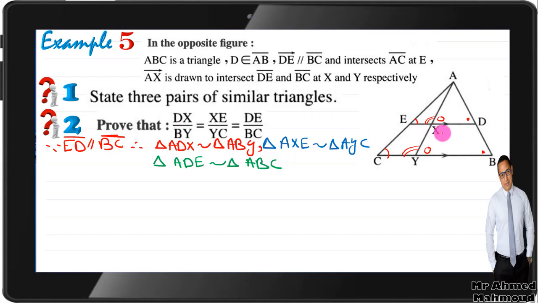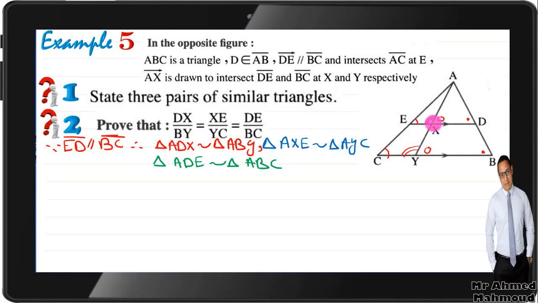DX over BY equals XE over YC equals DE over BC. Okay, to prove this one, I'm going to search for the triangles included in each pair.